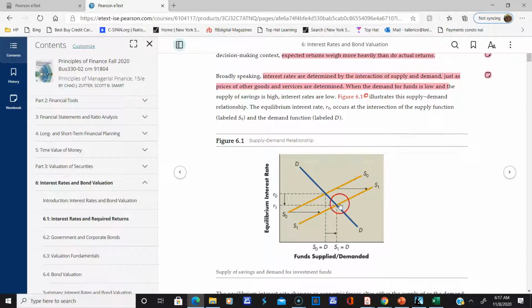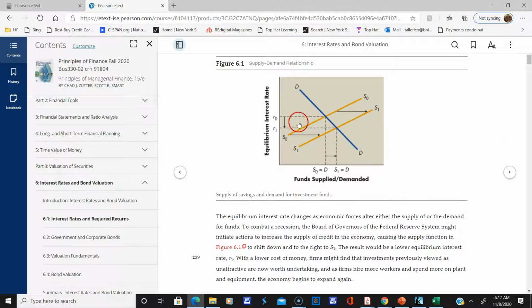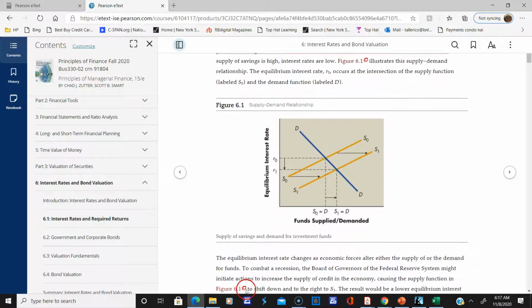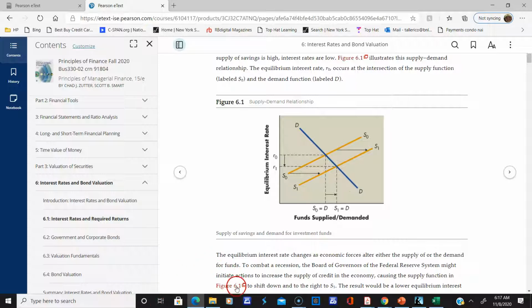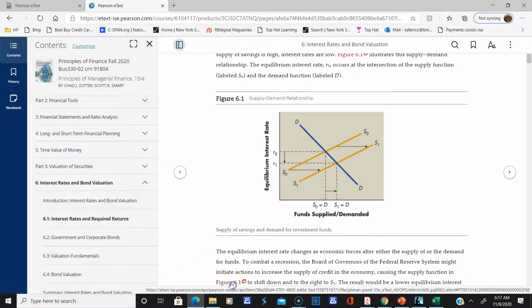So the supply curve rides up and down the demand curve, okay? So let's click on that, and you see that there. And then let's see what they say. Let's go through that because that's interesting.